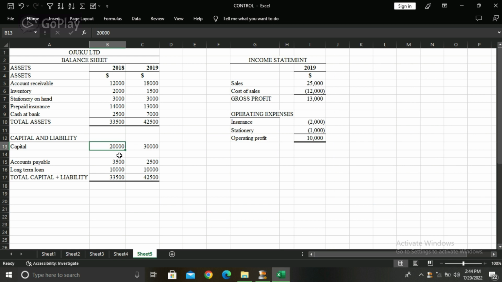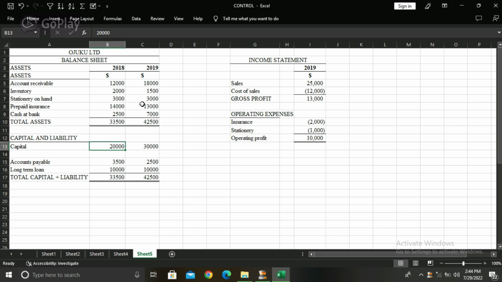Also, on long-term loan, as you can see here, there hasn't been any change, so it means no long-term loan has been paid during the year 2019. Then looking at stationery on hand, there is no change either, so there's nothing to be calculated there.